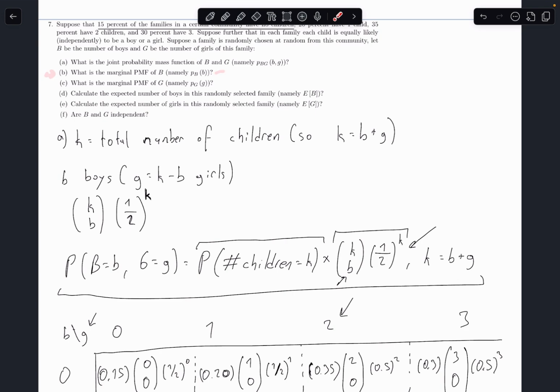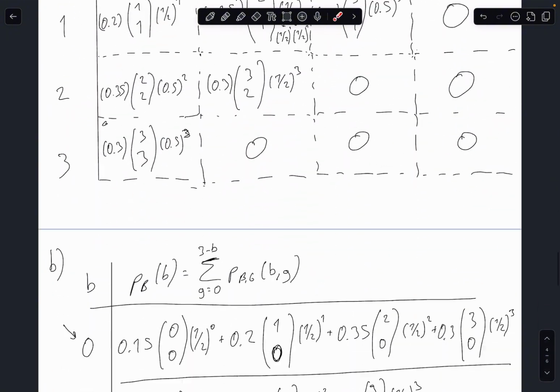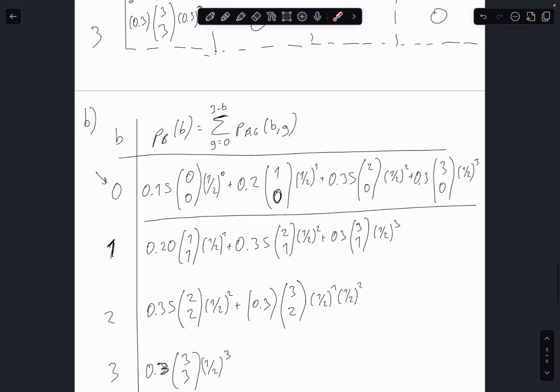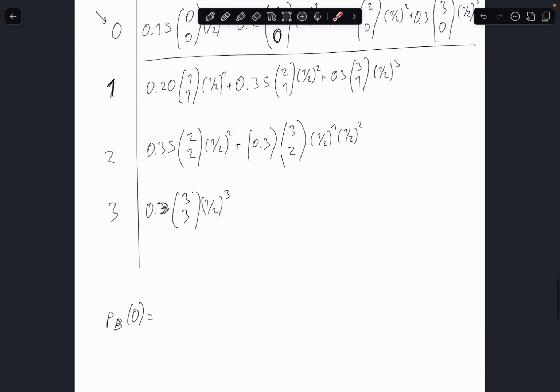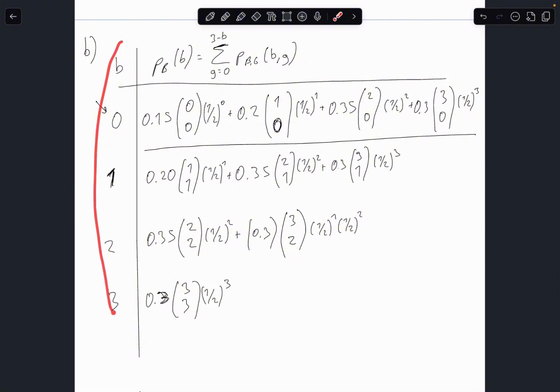We can just say the distribution is the same as the one we found in B. You can just replace this B with G, these parts, and make manipulations in here and just write the same thing for part C.